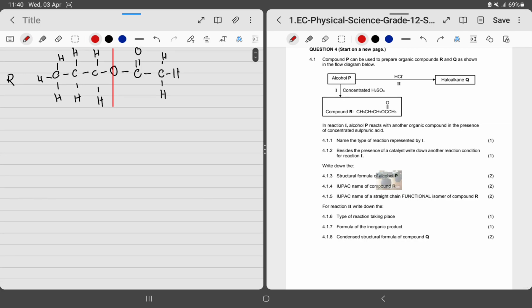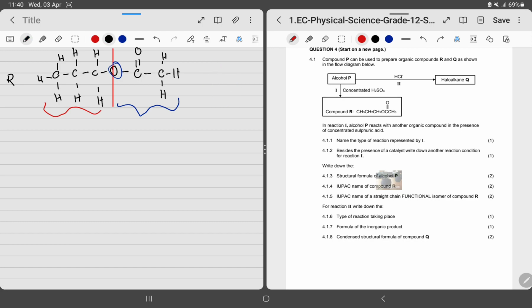What you have on your left hand side will give you your corresponding alcohol, and on your right hand side will give you your corresponding carboxylic acid. Remember, the functional group of carboxylic acids looks like that, right? So it means this oxygen belongs to the carboxylic acid.